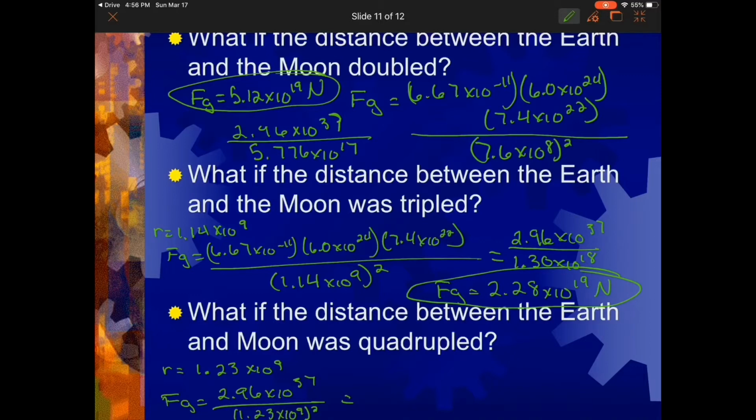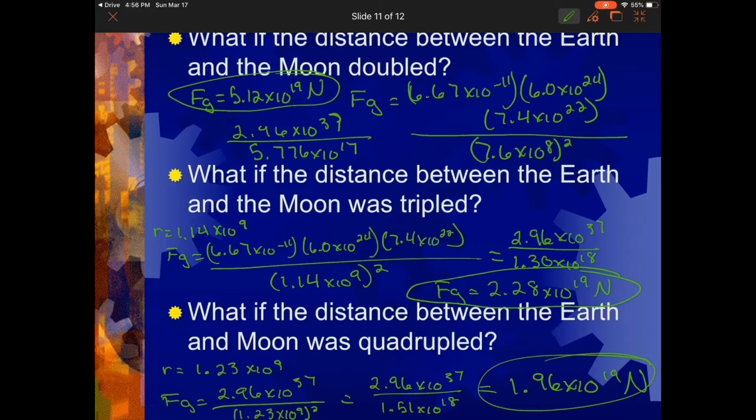So if you square your distance, you should get a number of 1.51 times 10 to the 18th. Then if you plug those numbers into your calculator, you should get an answer of 1.96 times 10 to the 19th newtons.